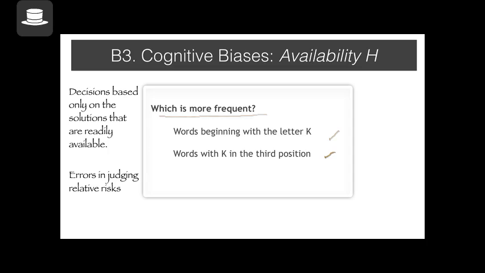Well, people typically say it's words beginning with K. The reason is that you can easily think of words starting with K. It's hard to think of words with K in the middle. Well, this decision then is the availability heuristic. In other words, your decision is based on what is readily available to you, and this leads to errors in judging relative risks.